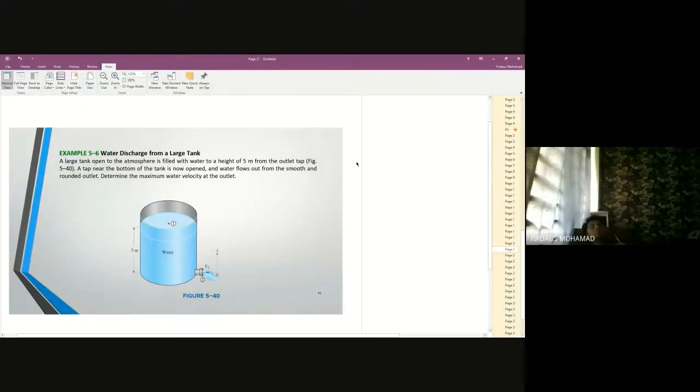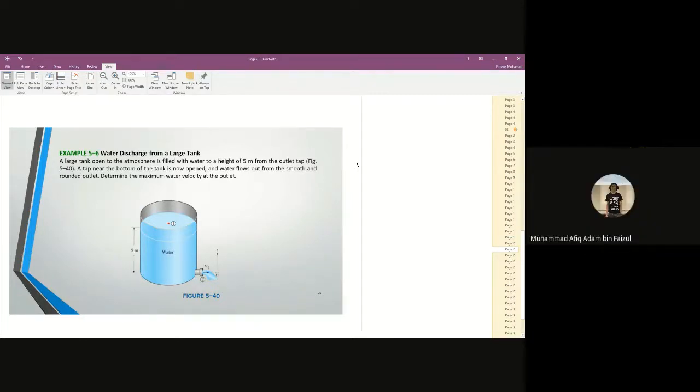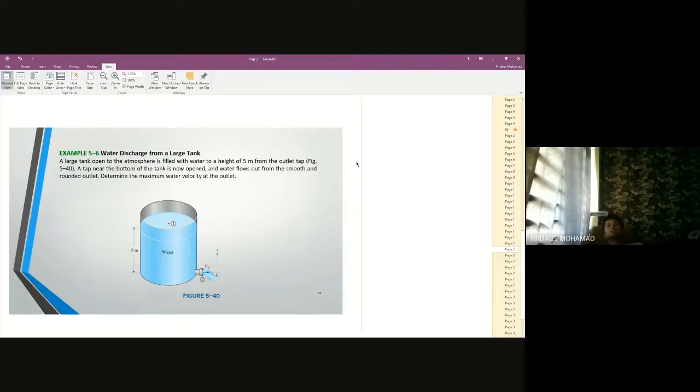Kita boleh guna Bernoulli equation. So try guna Bernoulli equation and then cari maximum water velocity at the outlet. Maknanya kat mana tu? Maximum water velocity outlet kat mana? Point 1 ke point 2? Point 2. Maknanya dia nak V2. So cuba guna Bernoulli equation tapi step by step.